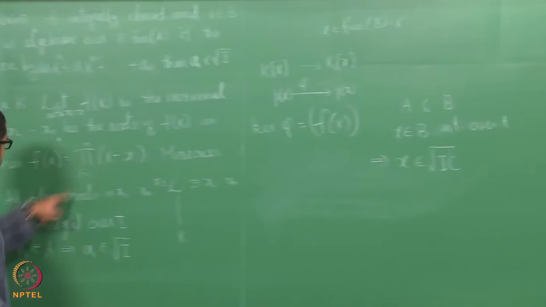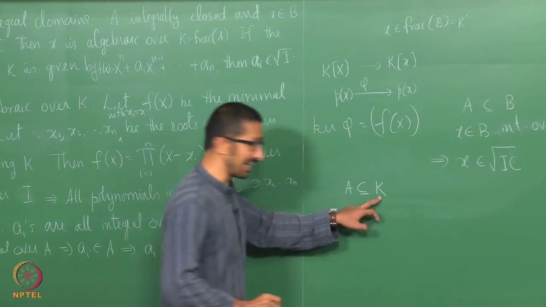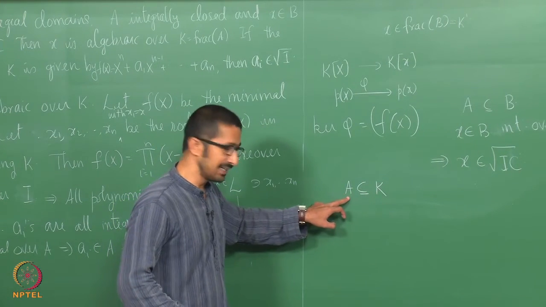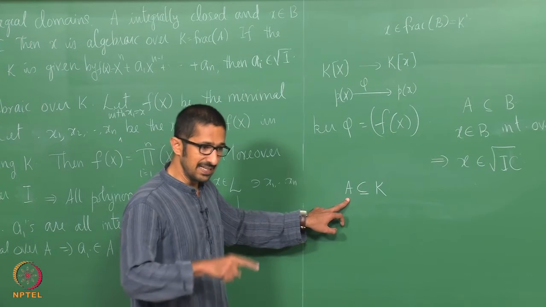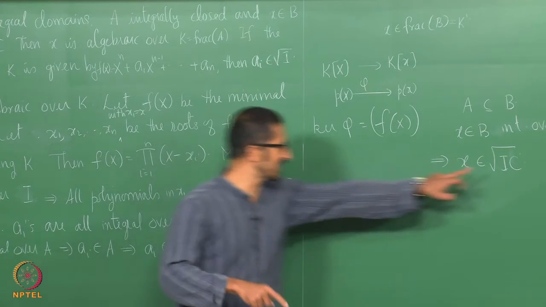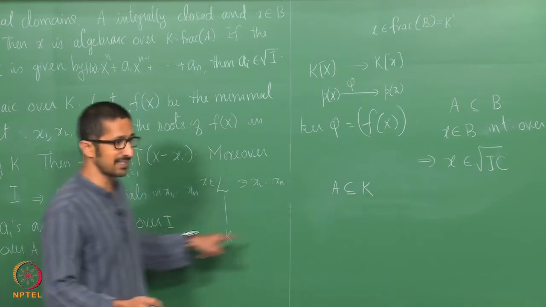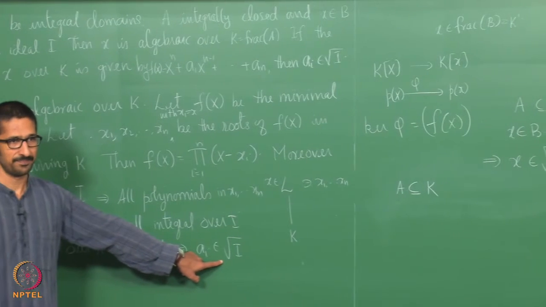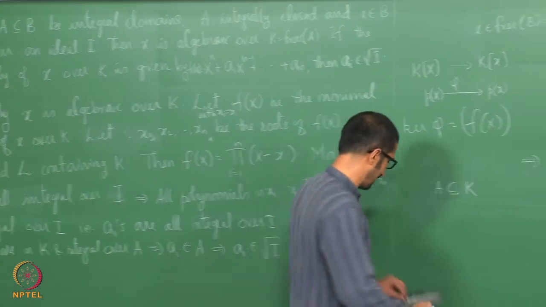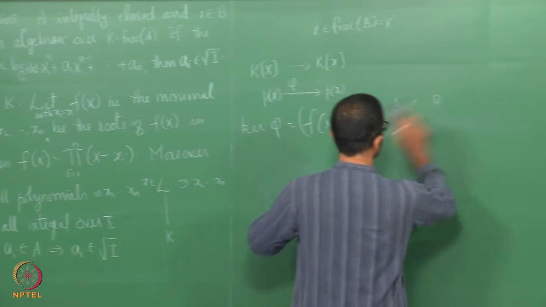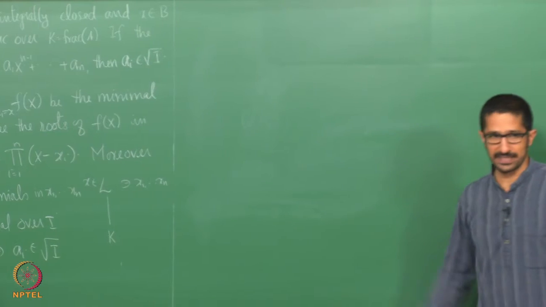Now apply that in the case of A to K. The ai's here are all integral over I, therefore the ai belong to the radical of I C, where C is the integral closure of A in K, which is A itself. So therefore all the ai's are in the radical of I. This requires a little bit of field theory as well, but one can explain that as one goes through.